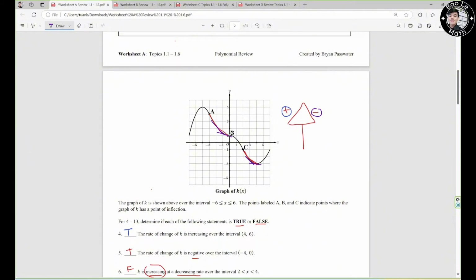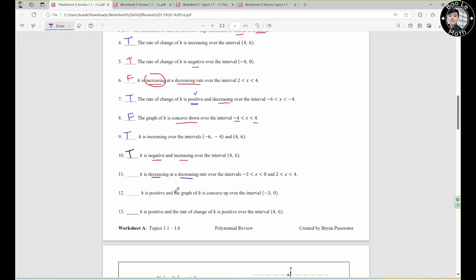This one is less steep than this one, which means the slope is bigger, so the function is decreasing at an increasing rate. But it says the function is decreasing at a decreasing rate, so this is false.